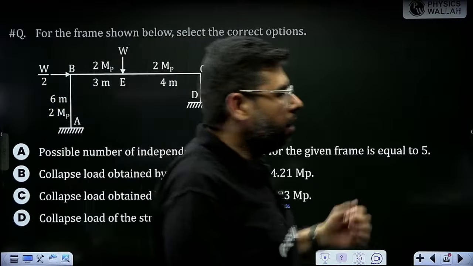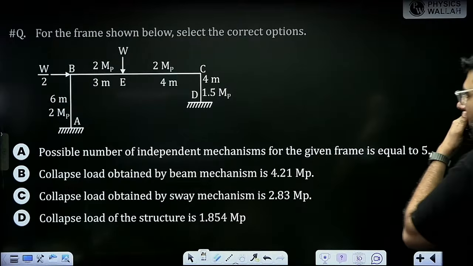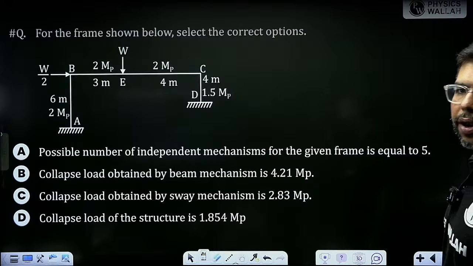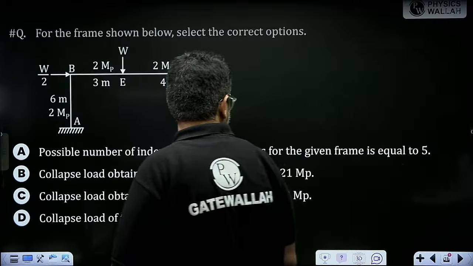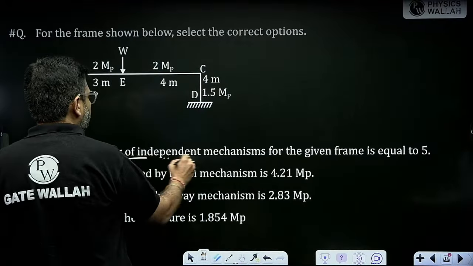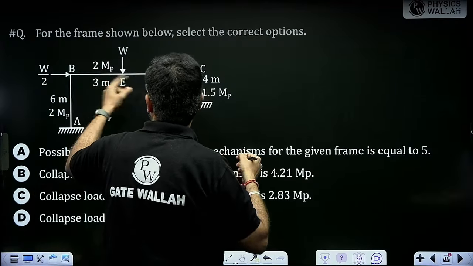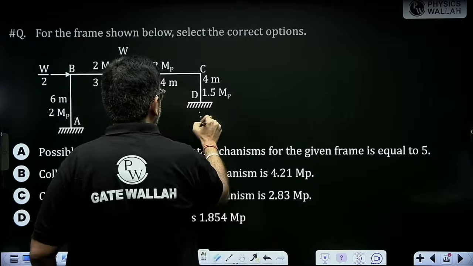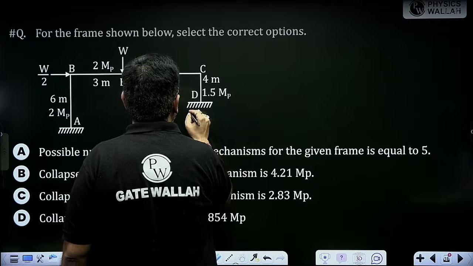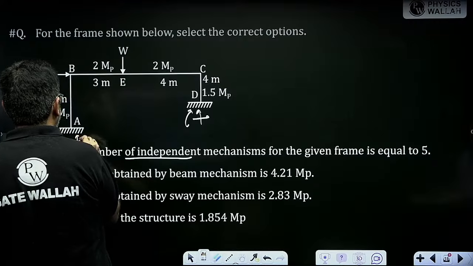This question, very interesting question. More than one option can be correct. Now, first find out number of independent mechanisms for the given frame. One beam mechanism and one sway mechanism. 3 reactions here, 3 reactions here.